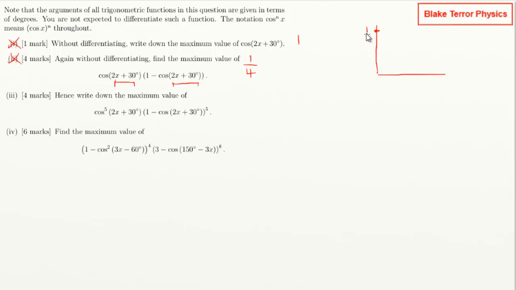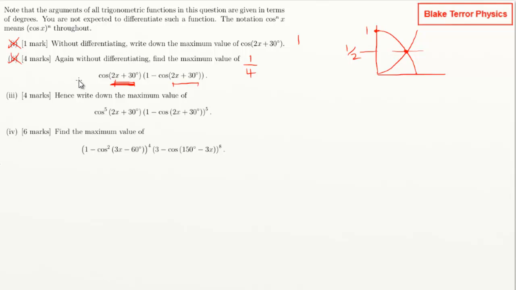Then it's going to be dropping off like cos, and 1 minus cos will be doing the opposite. So through symmetry, the maximum is going to occur in the middle, when cos is a half. So we get a half times 1 minus a half, which is a quarter.